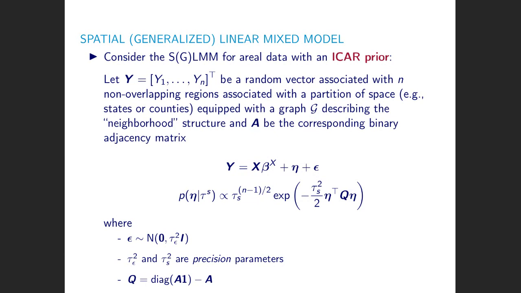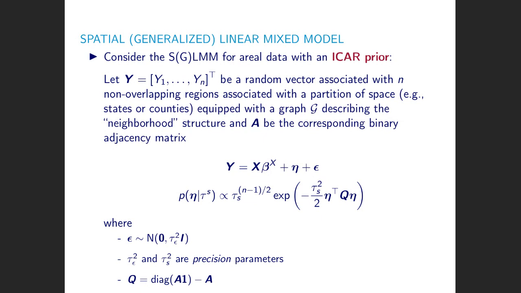So the idea is this graph says which components of the partition are neighbors of other components of the partition. We can use different specifications of a neighborhood structure, but what's commonly used is components of the partition that share an edge or are touching each other are considered neighbors.